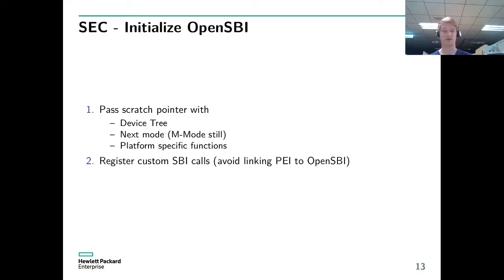We also register some additional SBI calls in addition to the ones that are defined in the standard and provided by OpenSBI, because we need some functions of OpenSBI, but we want to avoid linking later stages directly to the OpenSBI library, because we also want to run them in S mode with fewer privileges.